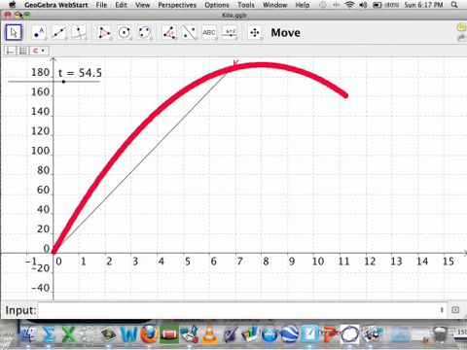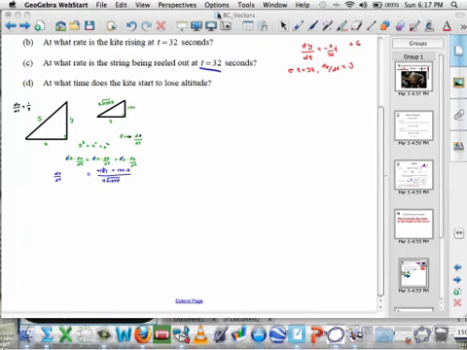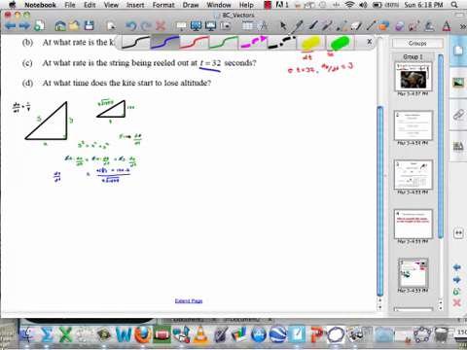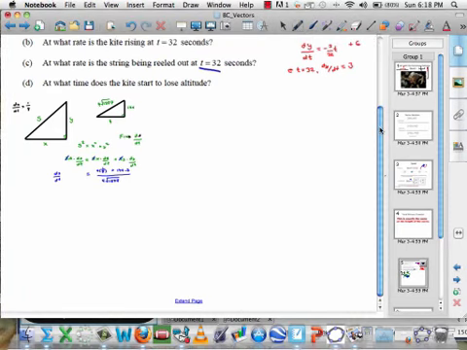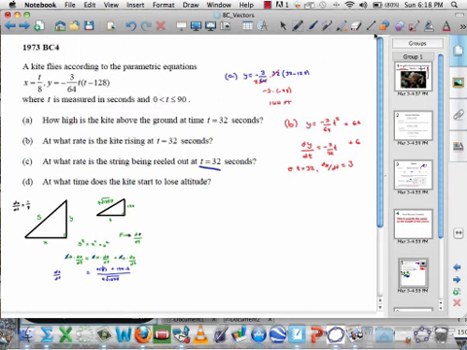Well, we need to find the local maximum for the y coordinates, correct? And I think we've already found the derivative right here. dy/dt is negative 3 over 32 t plus 6. We're going to set that equal to 0. We're going to solve for t, and then we'll make sure that it's a local maximum, and then we'll have our t value to plug in to the y position function.